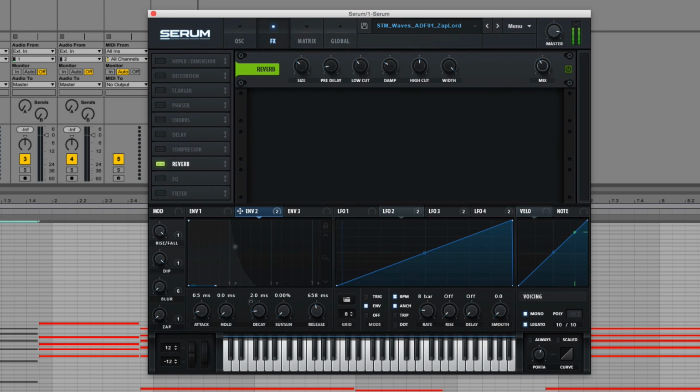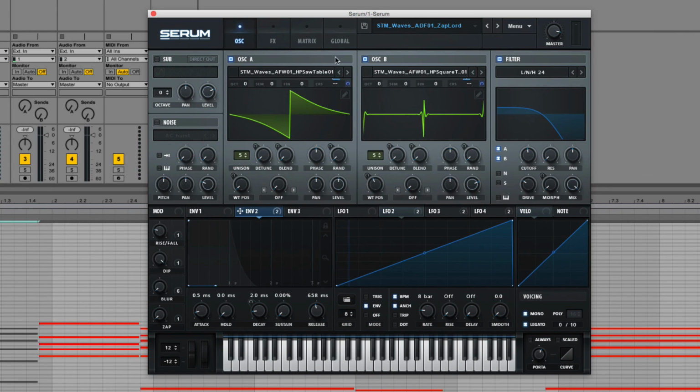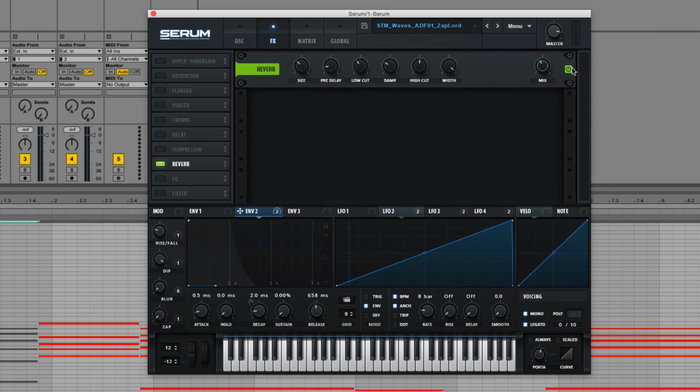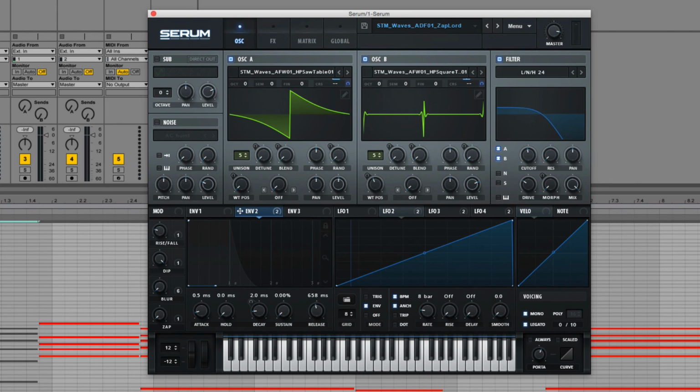Unblur it. And then there you go. That's like a trap lead or close to it, especially with the reverb on. Not that that's a trap melody.